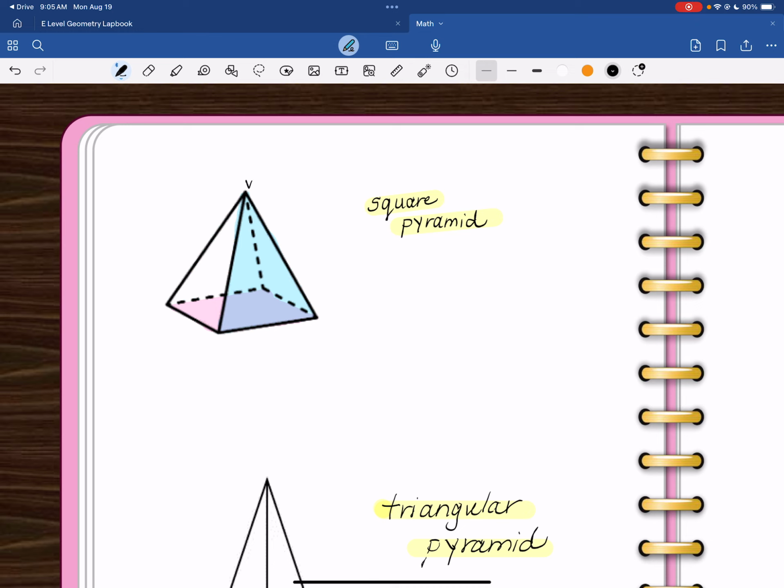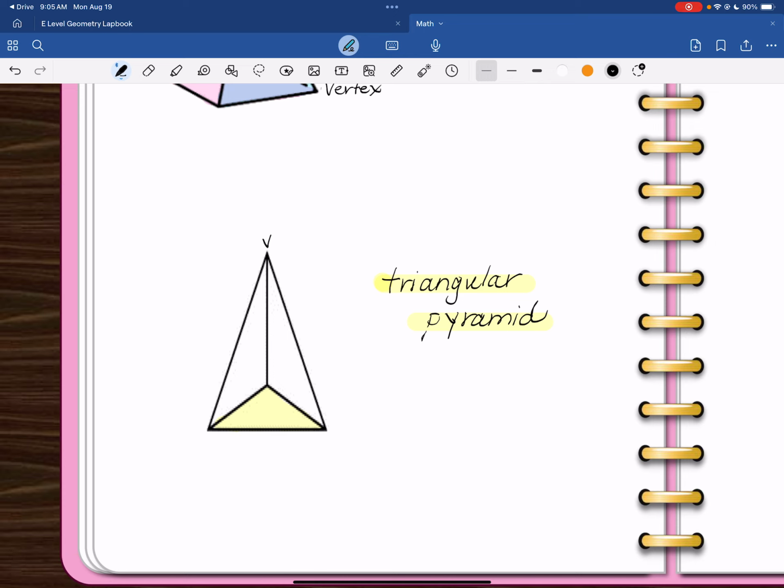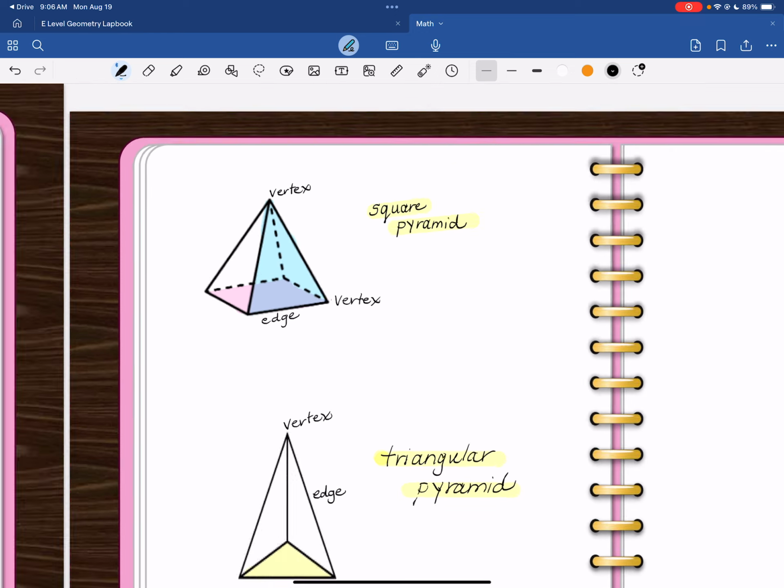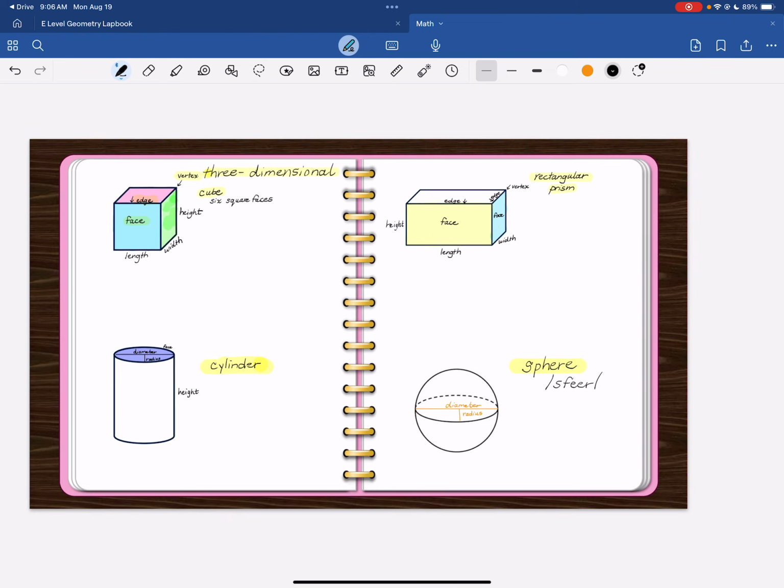Here's one. This is a vertex. This is a vertex. Both of them together are not vertexes, but vertices. Here's a nice vertex, very sharp. Here's an edge. Here's an edge. So you start to see these everywhere if you look at shapes.